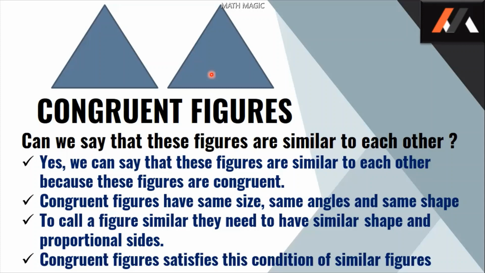Now we read above that to call a figure similar, they need to have similar shape and proportional sides. And we learned before in class 9 that congruent figures have same size, same angles, and the same shape. So congruent figures satisfy this condition of similar figures.